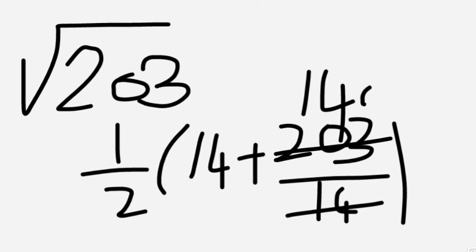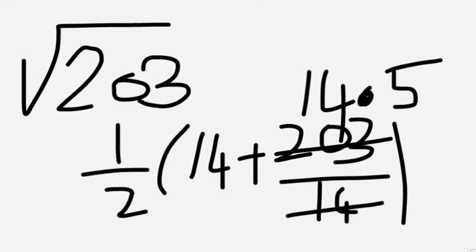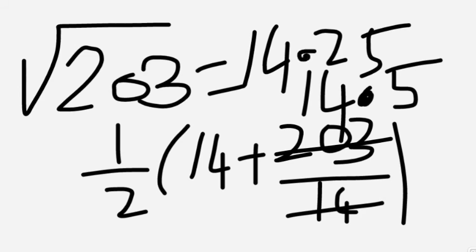If we add a point, it becomes 70, and 14 times 5 is 70. So 14.5, and 14 plus 14.5 is 28.5, and 28.5 by 2 gives 14.25, the approximate value. So the square root of 203 is 14.25.